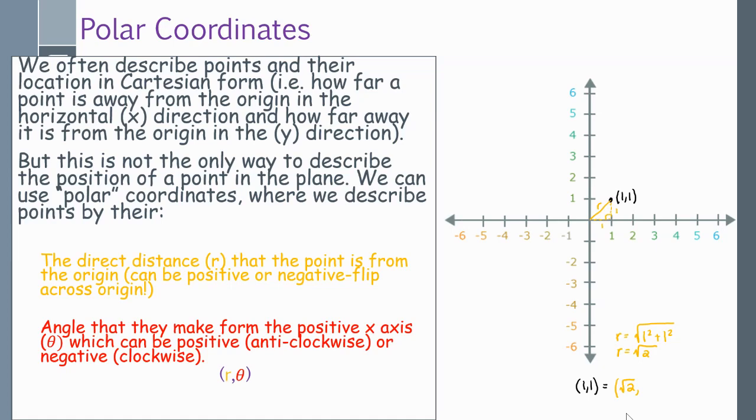I can also find the angle that this point is from the positive x-axis. If I go in an anti-clockwise direction, well, I know that for an isosceles right angled triangle with sides 1, 1, and hypotenuse root 2, the angle must be 45 degrees, or pi on 4.